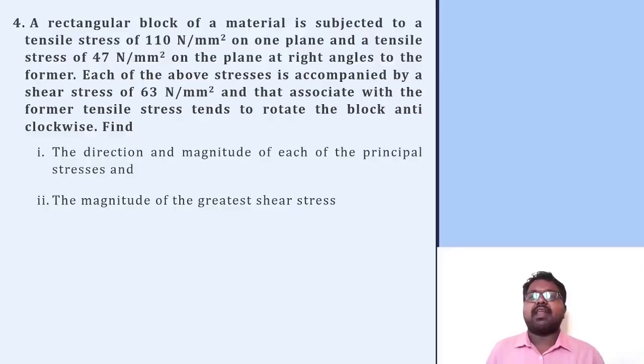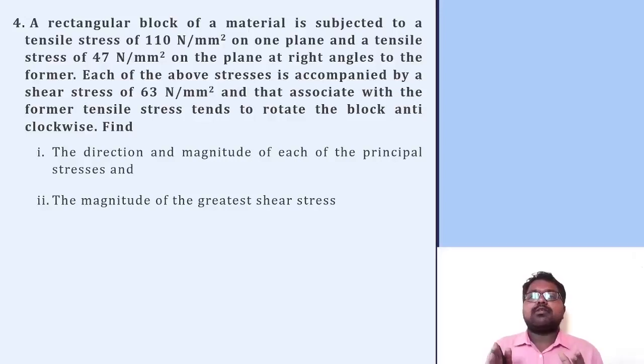Here the question is: a rectangular block of a material is subjected to a tensile stress of 110 Newton per mm square. So in a material they considered a small rectangular block. On that block a tensile stress of 110 Newton per mm square is acting on one plane and a tensile stress of 47 Newton per mm square on the plane at right angles to the former.